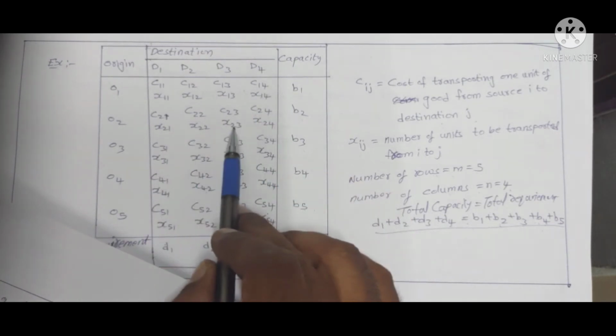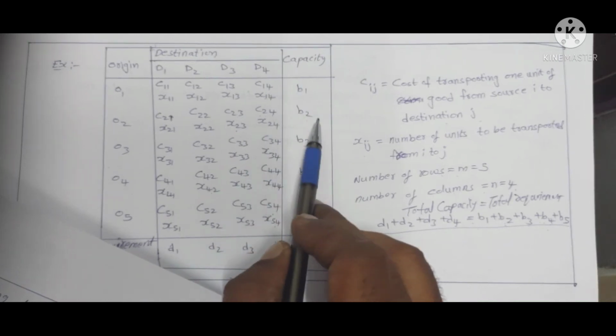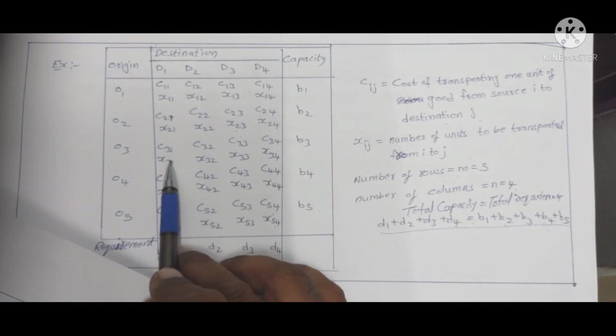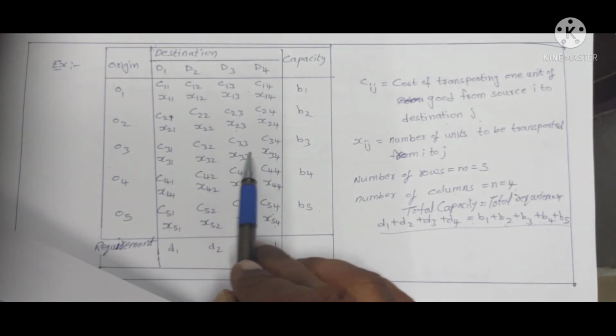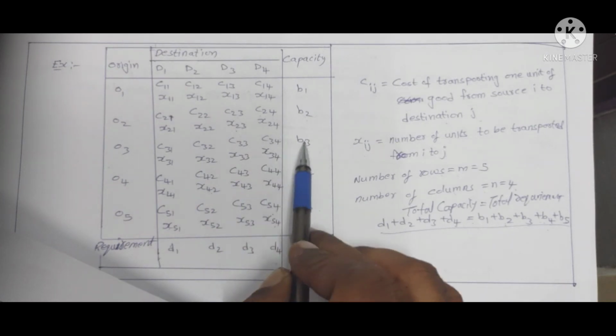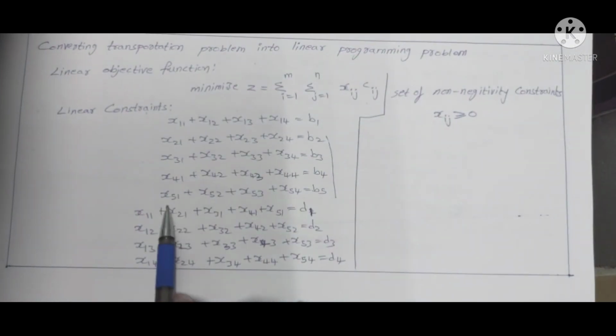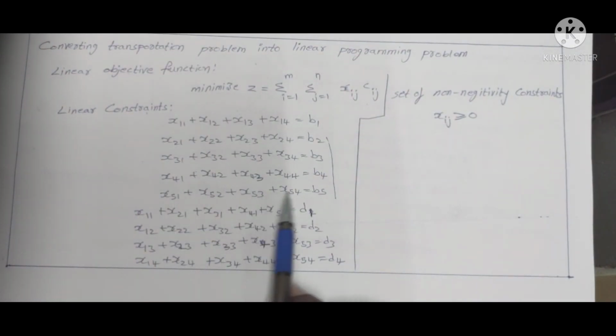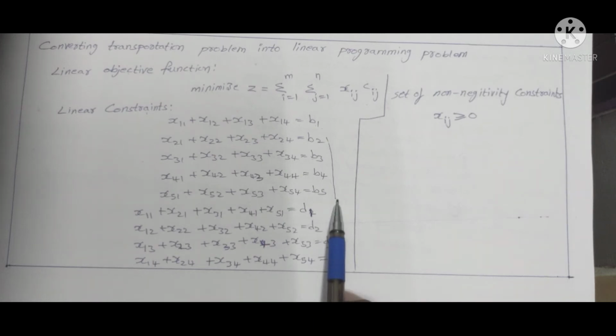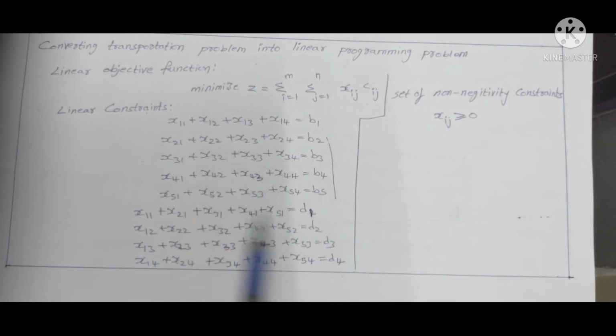So x21 plus x22 plus x23 plus x24 equals B2. Similarly, the third equation is x31 plus x32 plus x33 plus x34 is equal to B3. Like this, the remaining 2 equations are also framed here, up to x51 plus x52 plus x53 plus x54 is equal to B5. So these are the rows we have taken in the table.